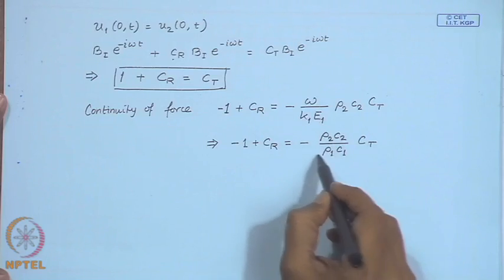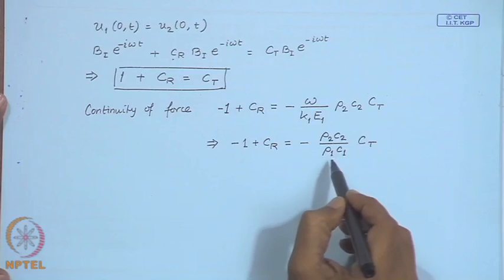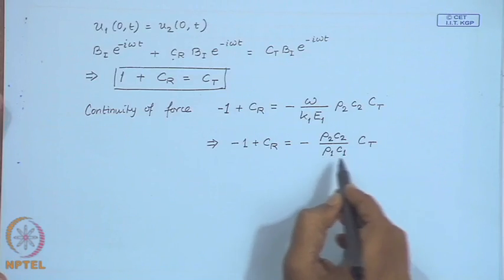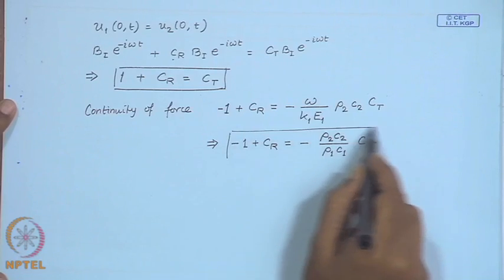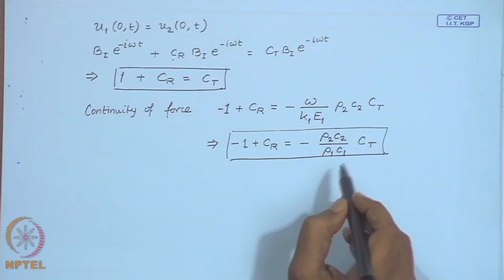So, c square comes extra in the denominator. So, this becomes rho 1 c 1. So, this is the condition that we obtain from continuity of force.